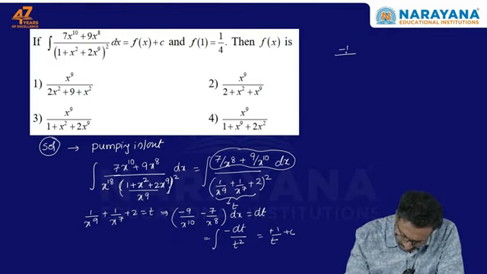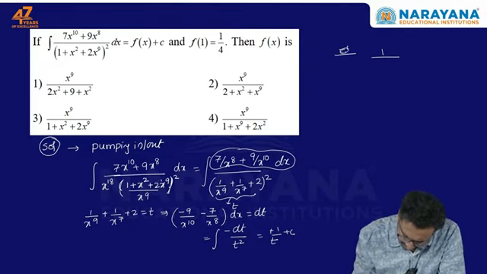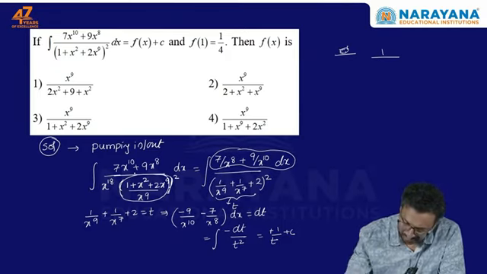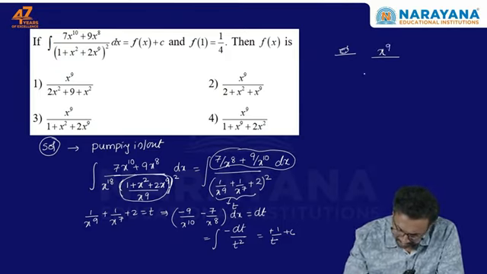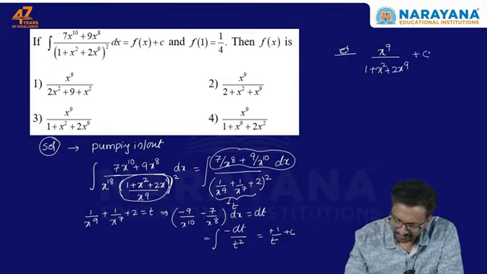So the value of the integral is 1 by t, and t is nothing but this, right? So in the LCM form, x power 9 divided by 1 plus x square plus 2x power 9, plus c.